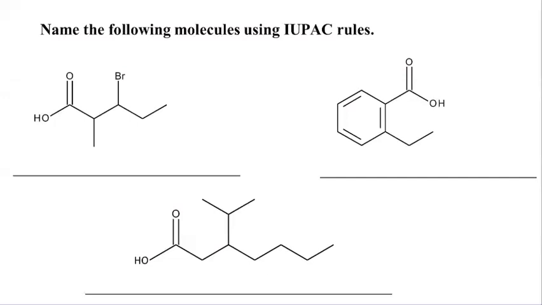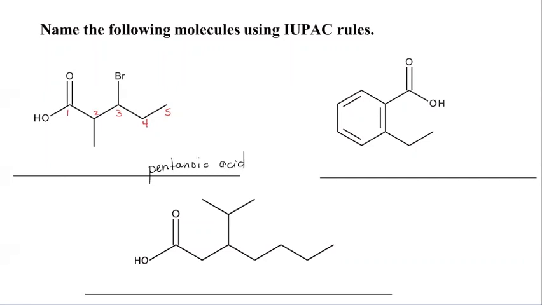Let's get started. The first molecule, the longest carbon chain, has 1, 2, 3, 4, 5 carbon atoms. So this means that when it comes to the name of a functional group, this is going to be pentanoic acid.